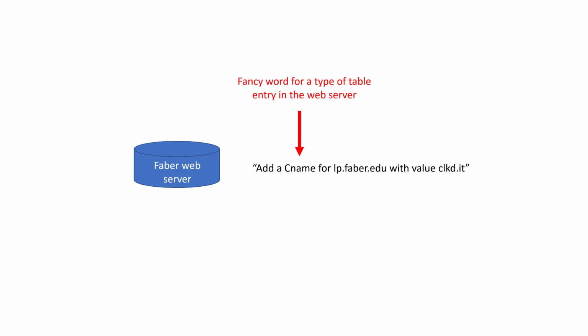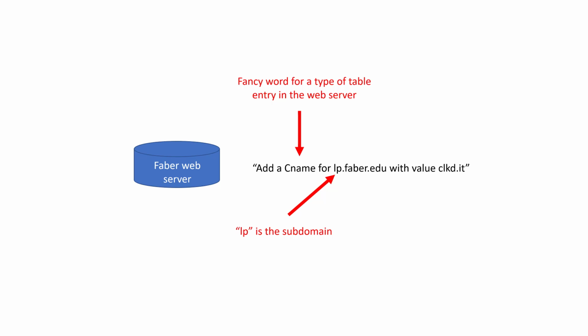The CNAME is just a fancy word for the type of table entry in the web server that we're making. Remember, when a request comes into the web server, it does a little lookup in the table. CNAME is a type of table entry. So when you say add a CNAME, you're really saying, I want to add an entry into this table. Okay? And in lp.faber.edu, LP is the subdomain.